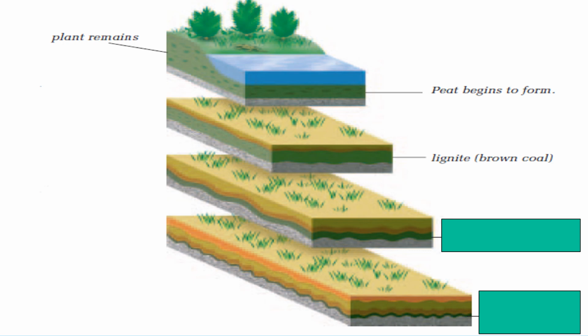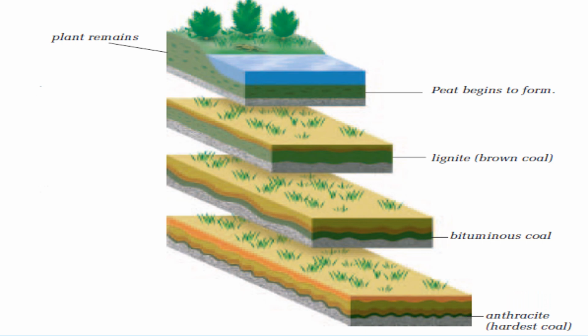That eventually turns into brown coal, then bituminous coal, and eventually the hardest coal it will make as time goes is anthracite. You don't have to memorize all the coals. Just know that it is a continuous process, and the main source of coal is plants, dead plants to be specific.